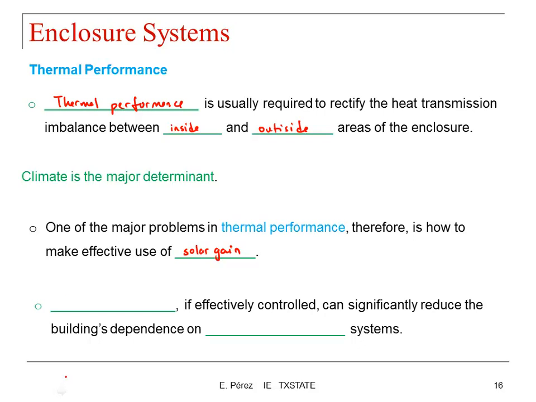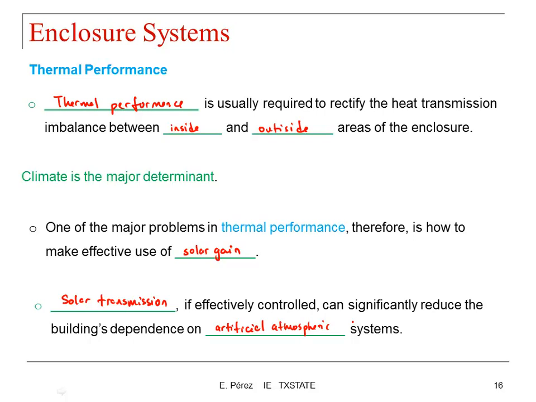Solar transmission, if it is effectively controlled, can significantly reduce the building's dependence on artificial atmospheric systems.